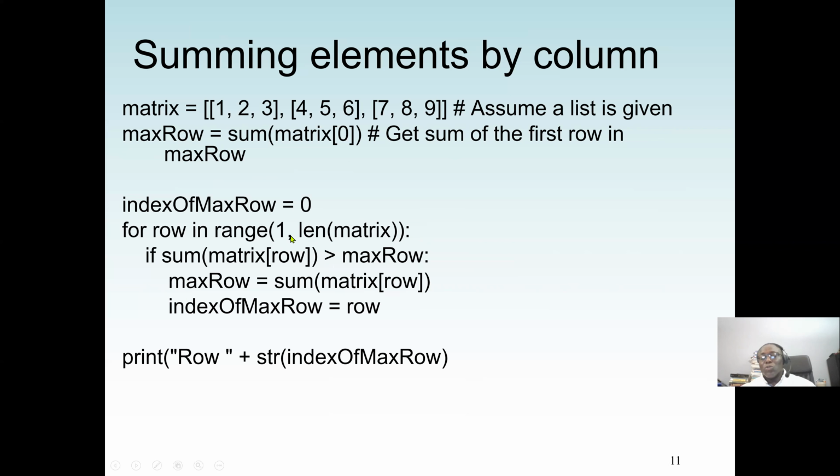Now for row in range 1, because we already have the first value, to the length of the matrix, we say that if the sum of the matrix row is greater than the max row, then we are going to assign the sum of the matrix row to the max row. And we assign the row to the index of the max row also. Then we print them. And this is getting the sum of the first row in max row.